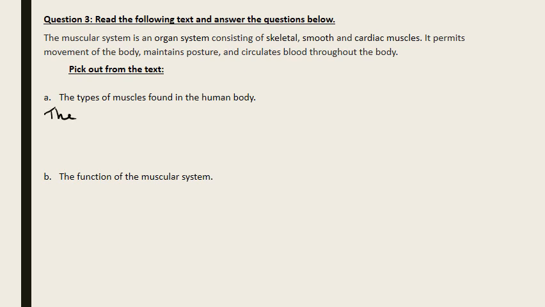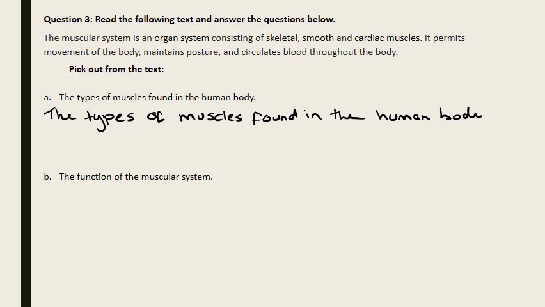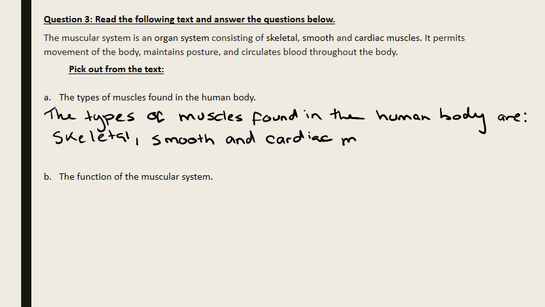The types of muscle found in the human body are skeletal, smooth and cardiac muscle.